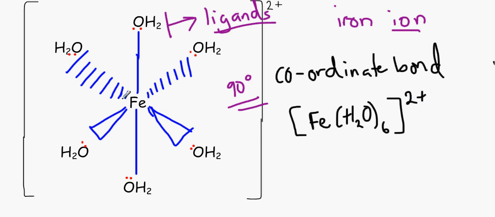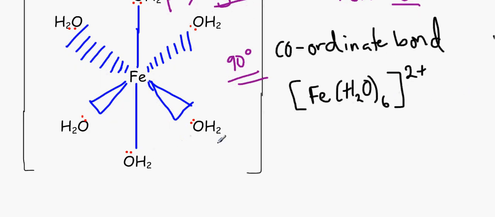Remember this is an iron ion, so this ion is actually 2+. These water molecules are neutral, so the whole complex ion will therefore be 2+, and we do need to write it with these square brackets. As you can see, we are using an Fe2+ ion.